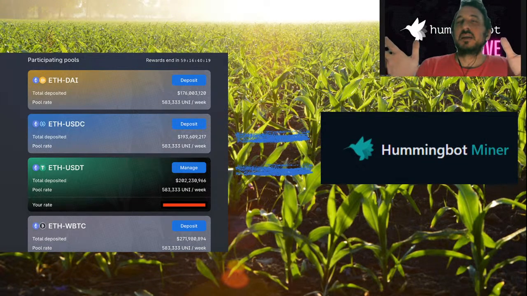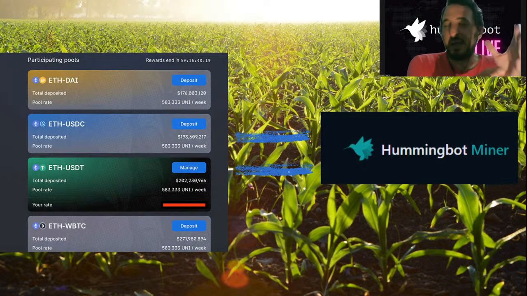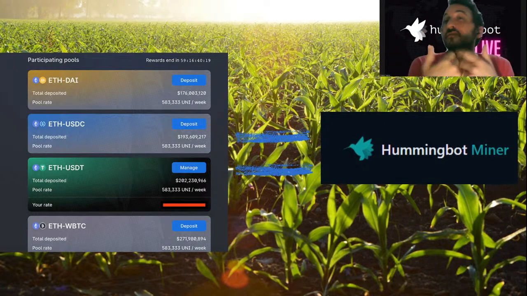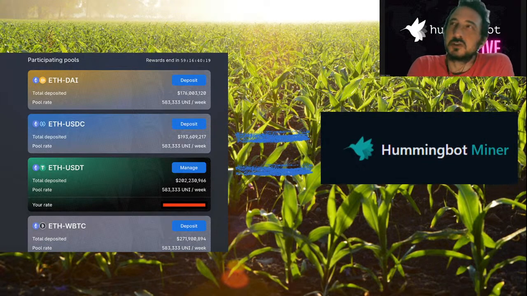What you do on Hummingbot miner is you start a trading bot, you add liquidity to the pool, and depending on the project, you are rewarded with tokens, be it USDT or the token of the project itself, for the amount of liquidity and the spread size you put there. You are paid basically for the liquidity. There's no difference.